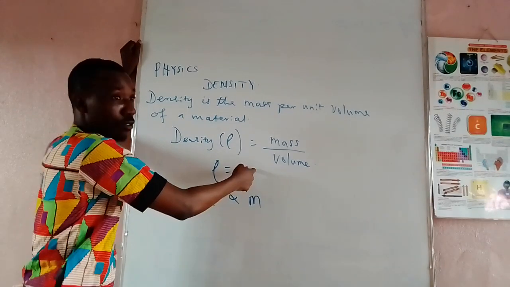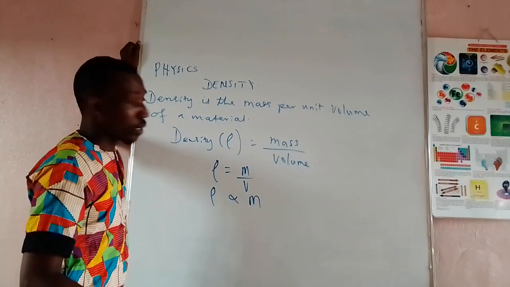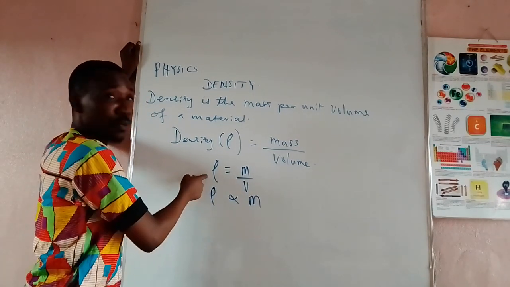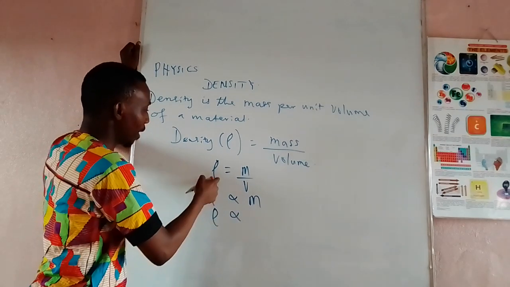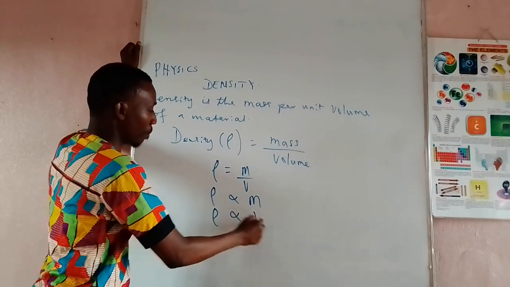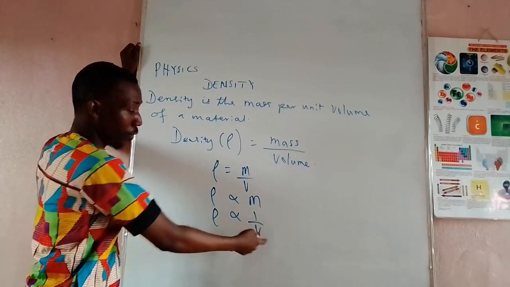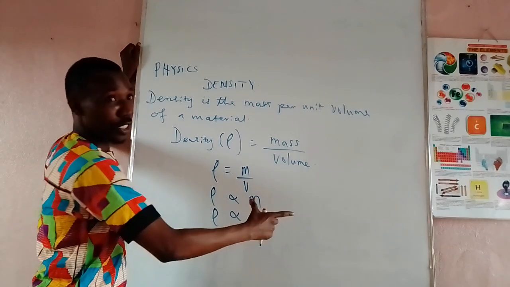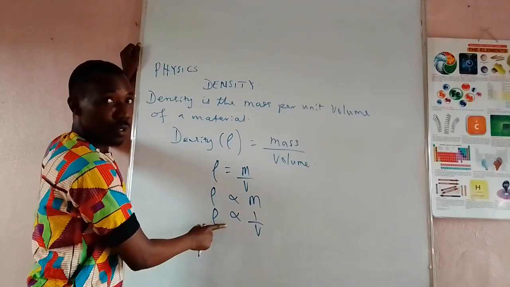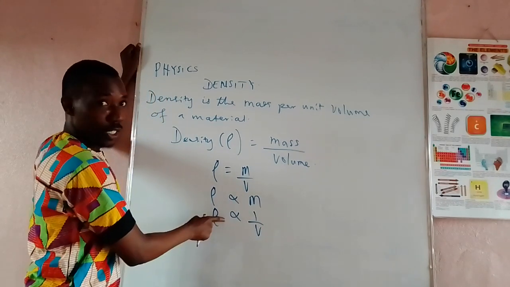It means that the more the mass of an object, if the volume is kept constant, the density will increase. We also know that the density of an object is inversely proportional to the volume. So if volume should increase, density will reduce. If volume should reduce, density will increase.